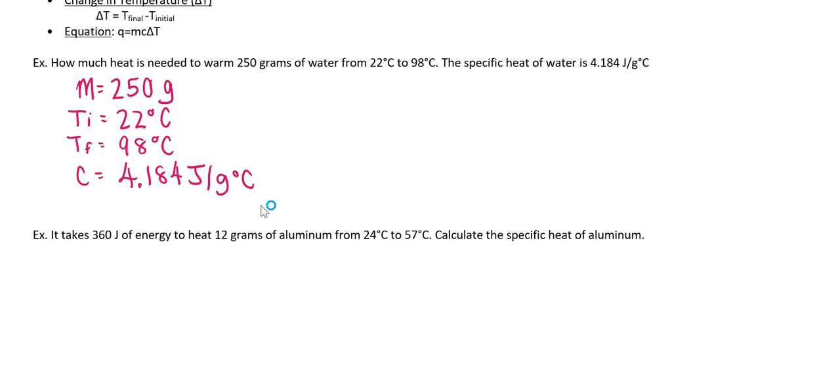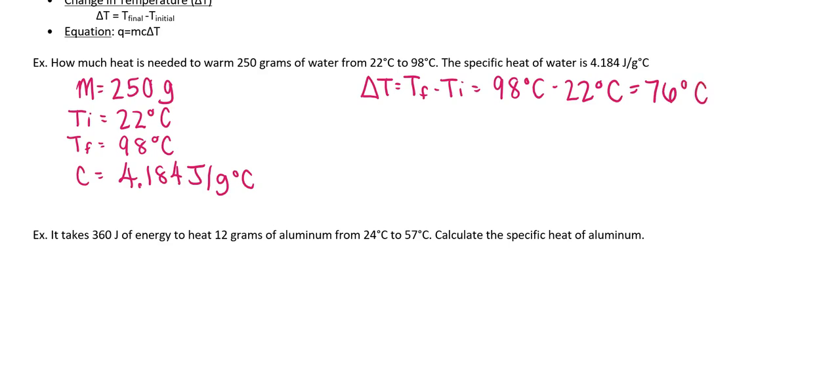So first thing we need to do is calculate the change in temperature. We're going to take the final temperature and subtract the initial temperature. So the temperature increases 76 degrees Celsius.